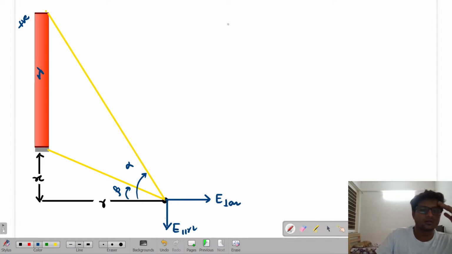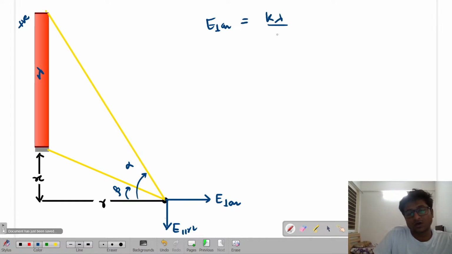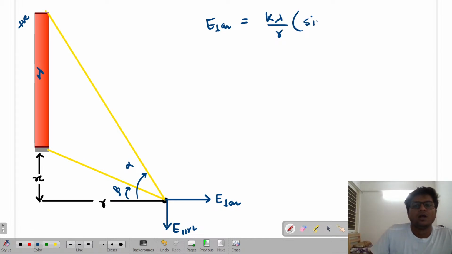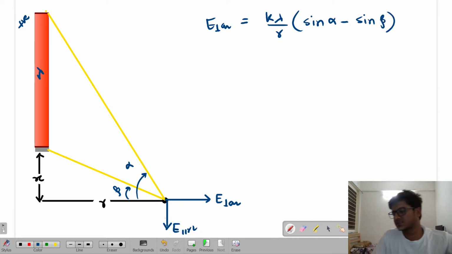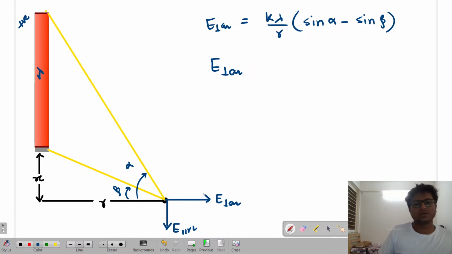E perpendicular has a different formula this time: k lambda by r times sine alpha minus sine beta. Instead of plus, this time it is minus.